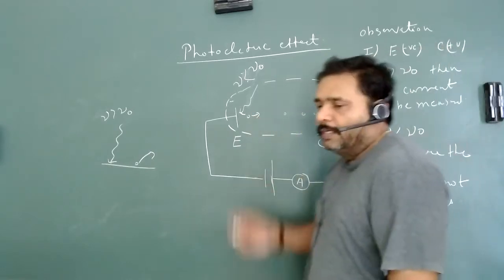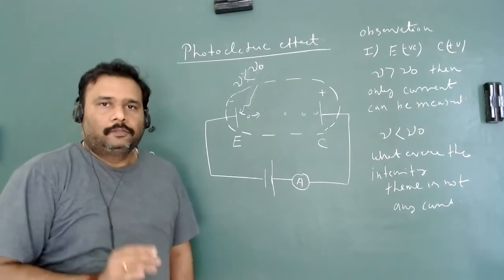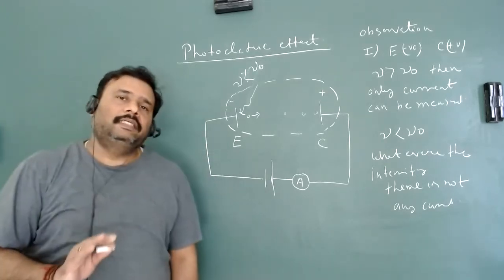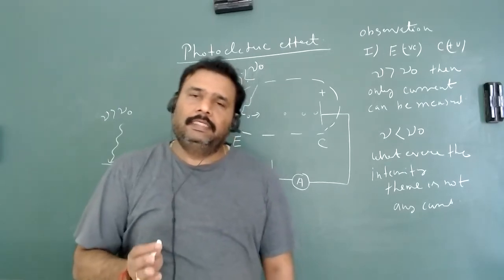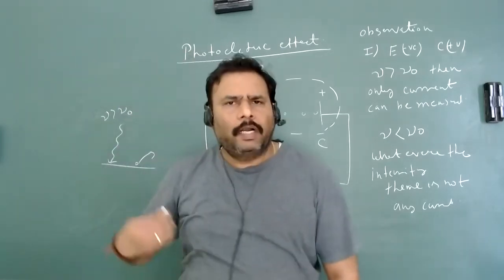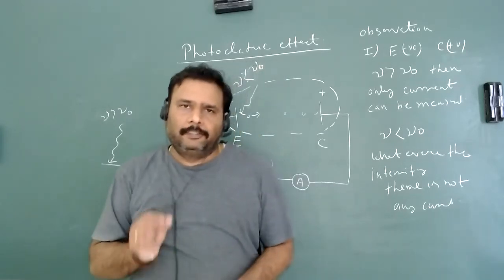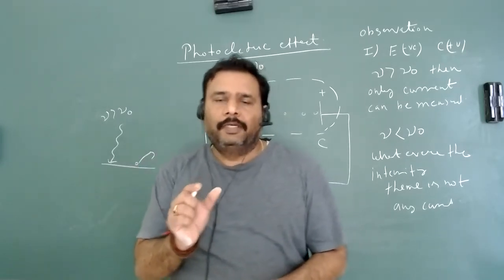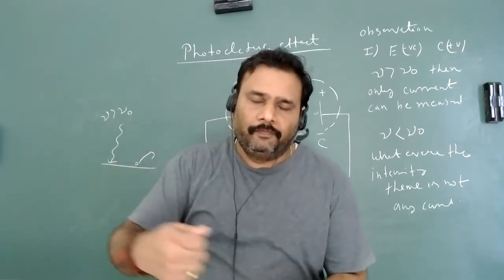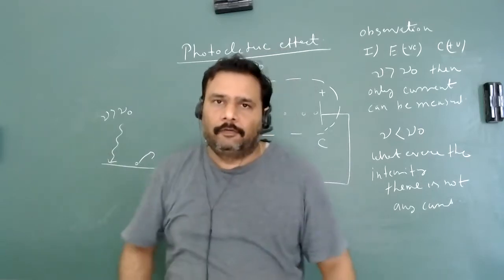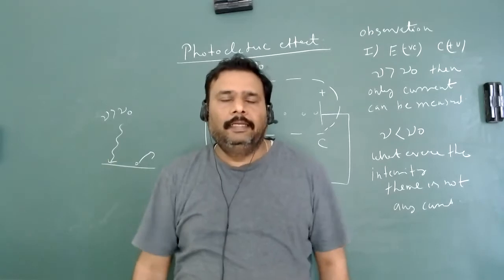So this experiment can only be executed when the frequency is greater than some particular frequency. And if the frequency is less than that, whatever the intensity, and you can increase the intensity by opening the aperture of the source or bringing your source very near to the emitter plate, whatever you do, you get no current.